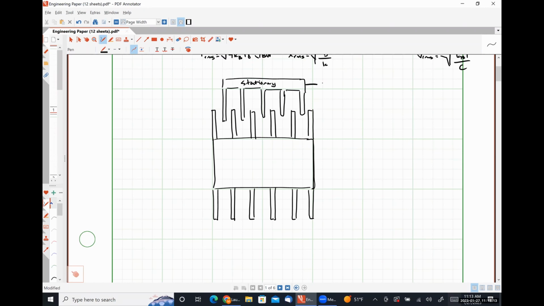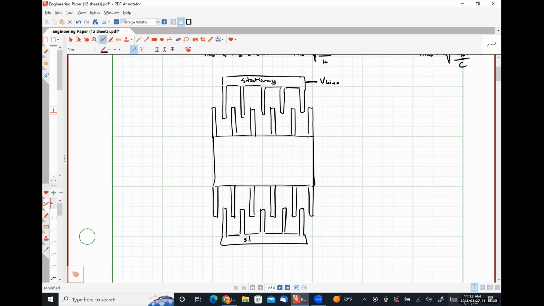So this is a stationary thing. It's biased at some level. We also have a comb down here. It'll be stationary and it'll be biased at ground. And so this middle structure here is where our output voltage is going to be taken.